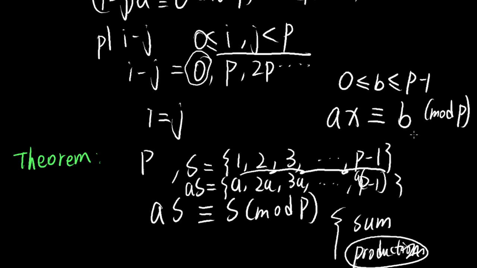A very nice thing is that when we let b be 1, we have ax congruent to 1 modulo p. And this is a very unique condition because it means that we have an inverse, right?